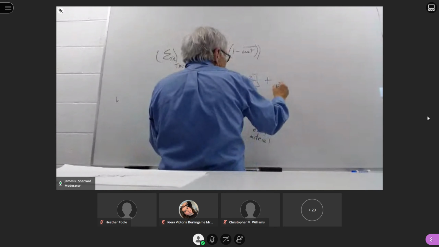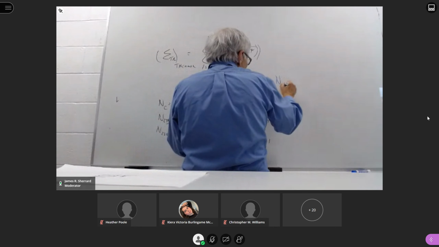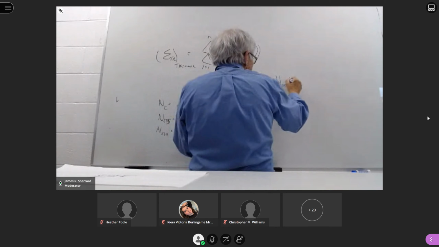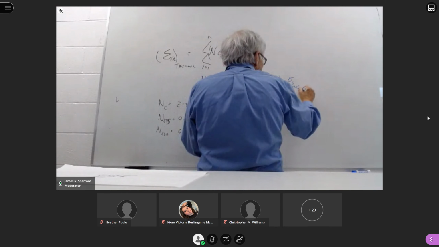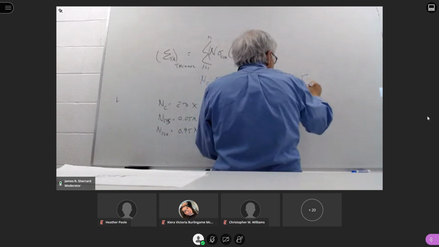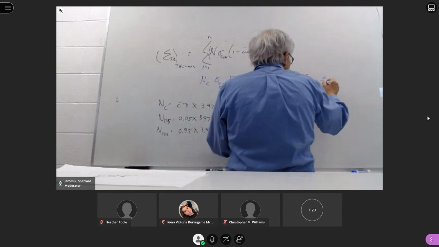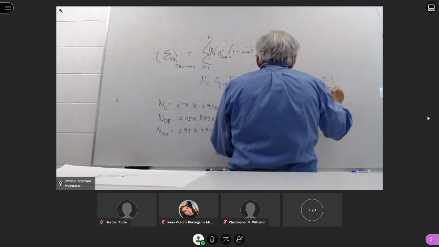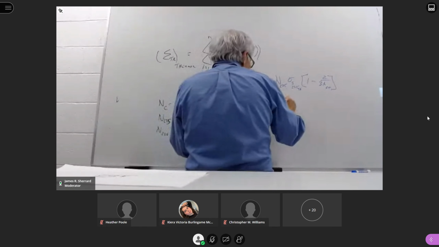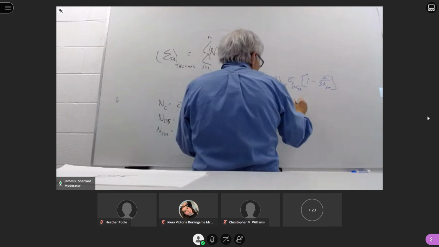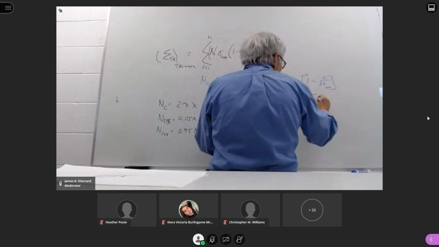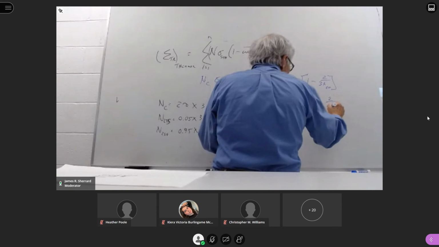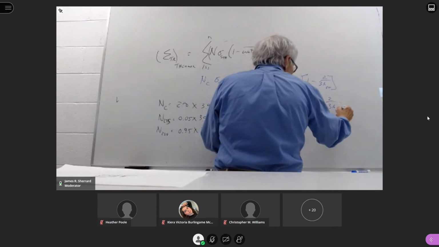And then we're going to add to that N 235, sigma S 235, again thermal, 1 minus 2 over 3A for 235. And then we're going to add to that N 238, sigma S 238 thermal, 1 minus 2 over 3A for 238.